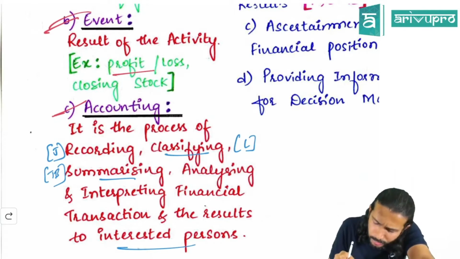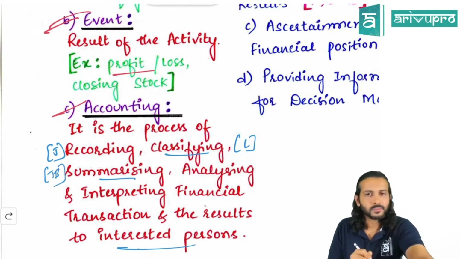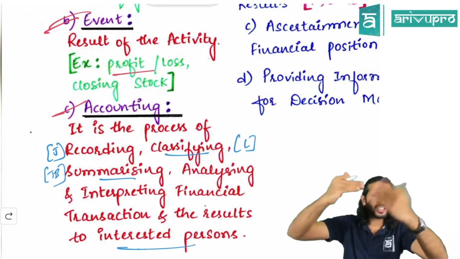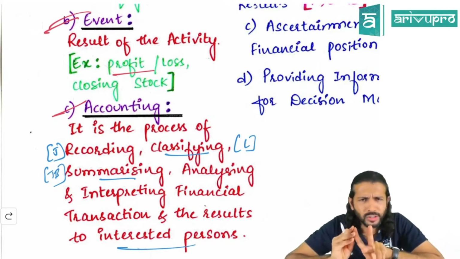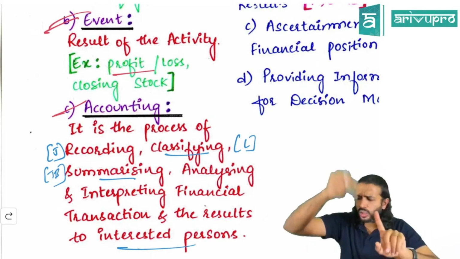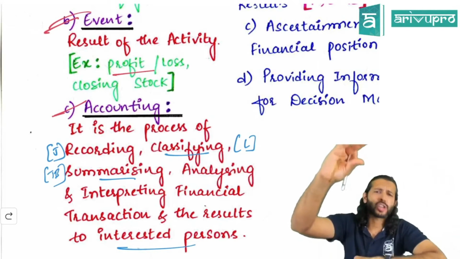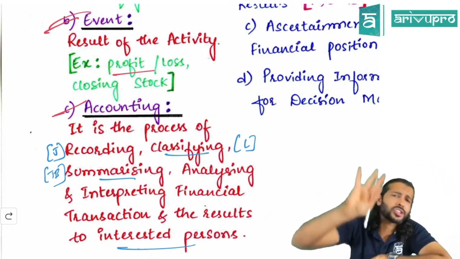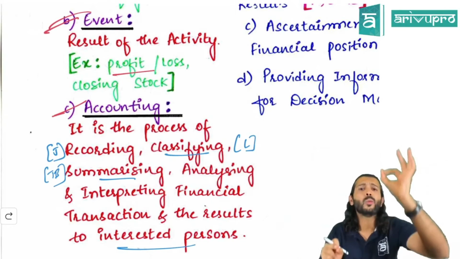Hence, they said, let's do something known as a classifying activity, which is nothing but ledger. Ledger means what, sir? In journal, you take two accounts to pass a journal entry. Yes, no, sir? To pass a journal entry, you require 2 accounts. On a single account, however many transactions there are, like cash account, however many cash transactions a company has done, all that you will get in one bucket.